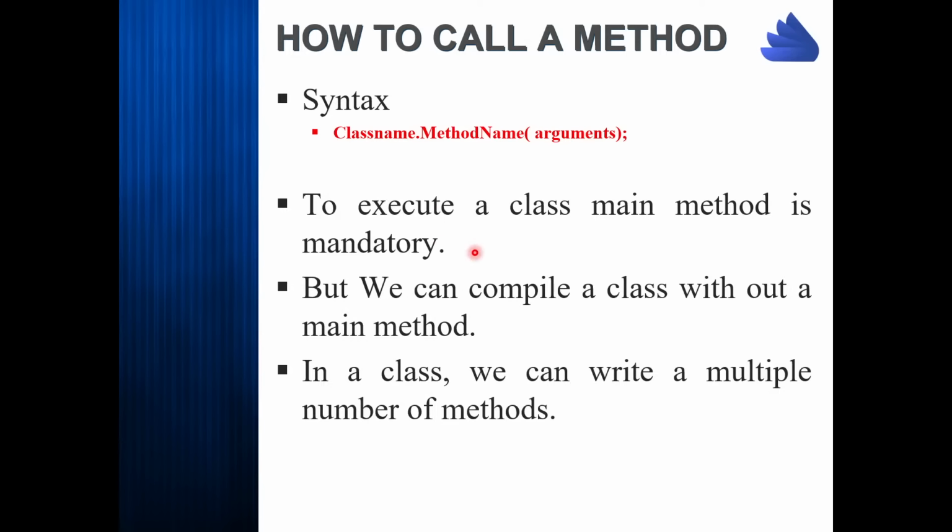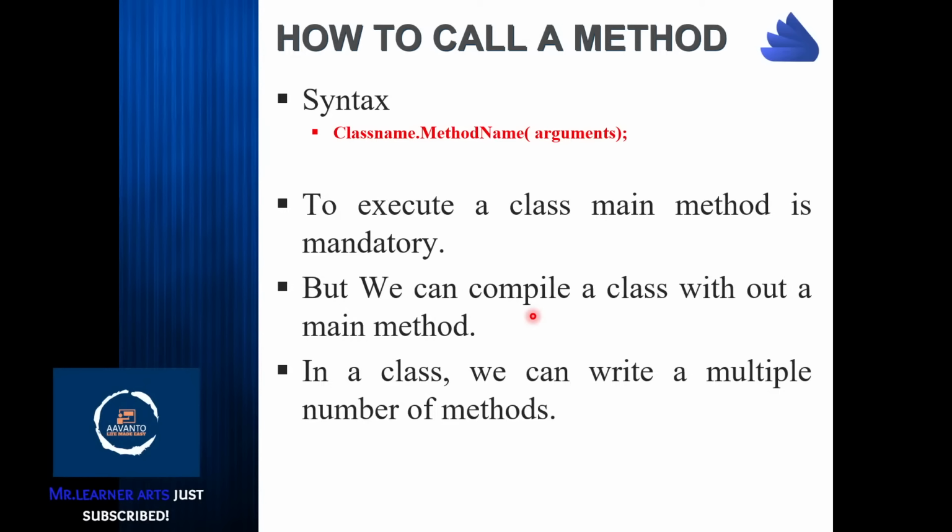And as I showed you at first, to execute a program, the main method is mandatory. Without a main method, I can write a program and I can compile it, but I can't execute it, right? We can compile a program without a main method, but execution is not done.